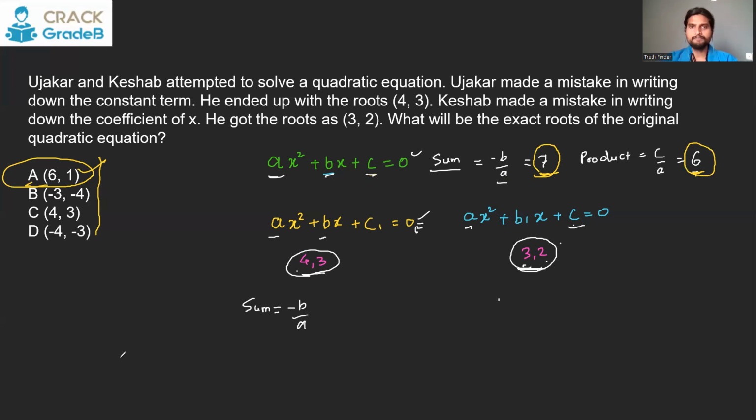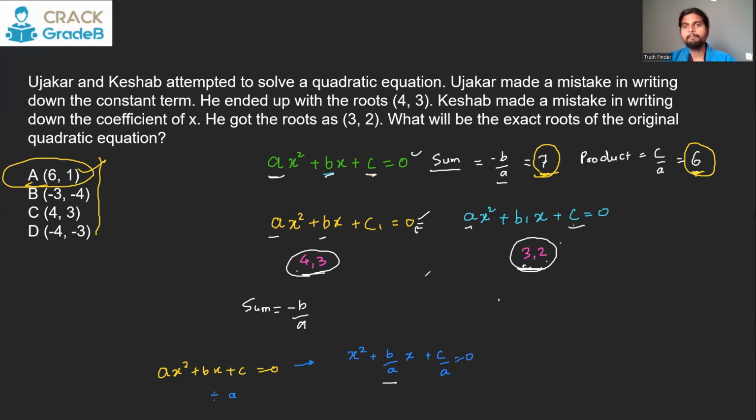See, because we know the general form of quadratic equation is ax square plus bx plus c is equal to 0. So if you divide all the terms by a, we are left with x square plus b upon a x plus c upon a is equal to 0.